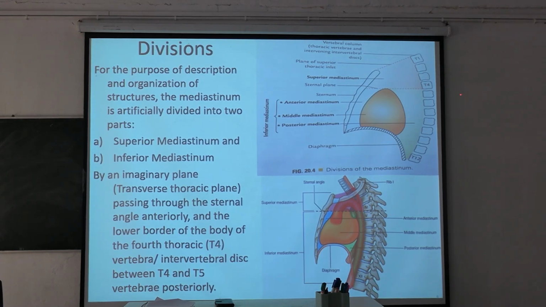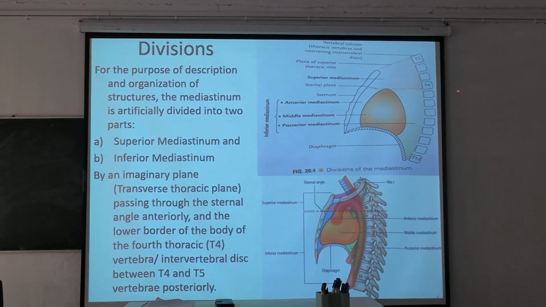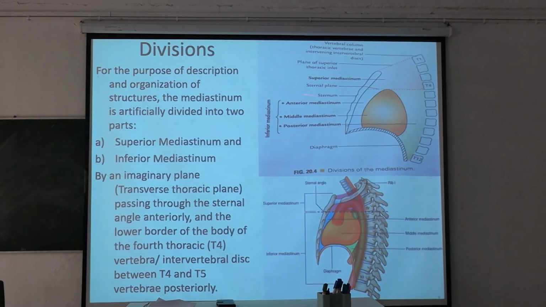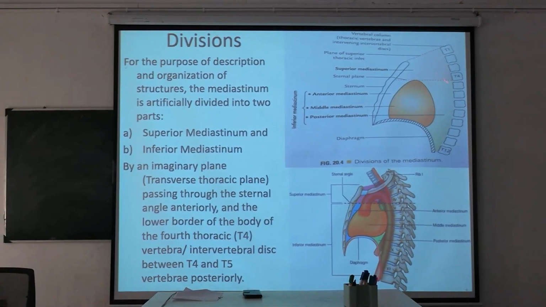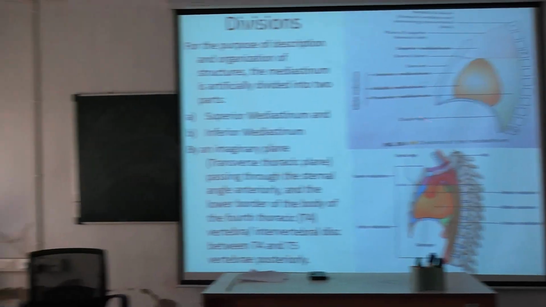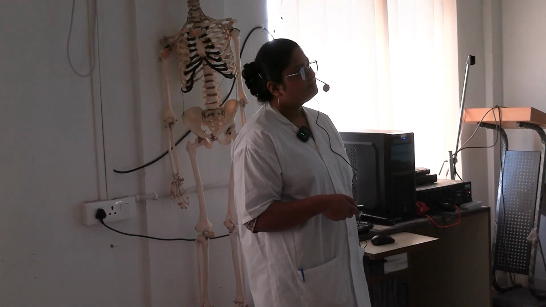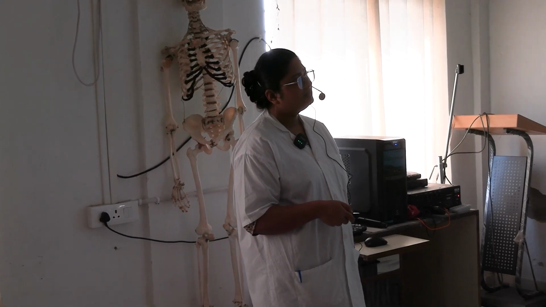So lower border of T4, imaginary line passing through sternal angle anteriorly and lower border of T4 posteriorly. Okay, so this part above this plane is superior mediastinum and the part below it is the inferior mediastinum. Here is the transverse thoracic plane. So this part is superior mediastinum. Here is the inferior mediastinum. Okay.